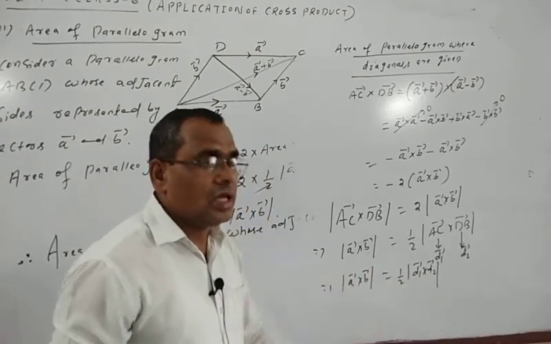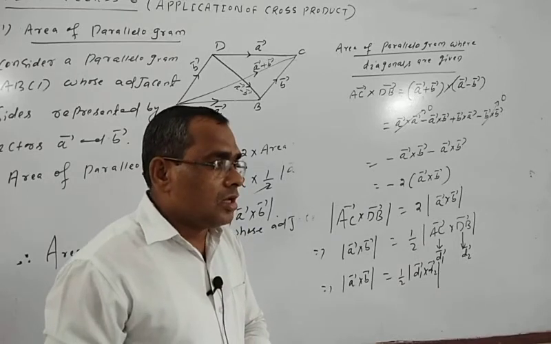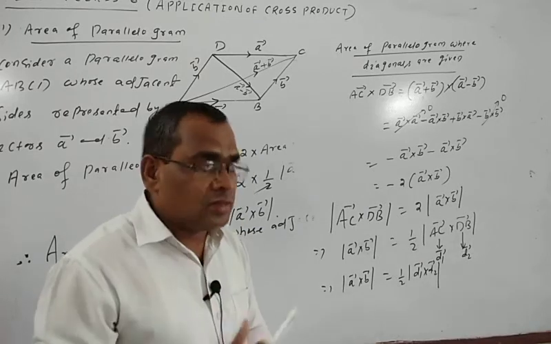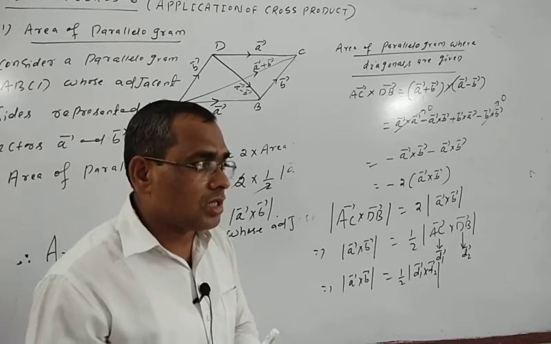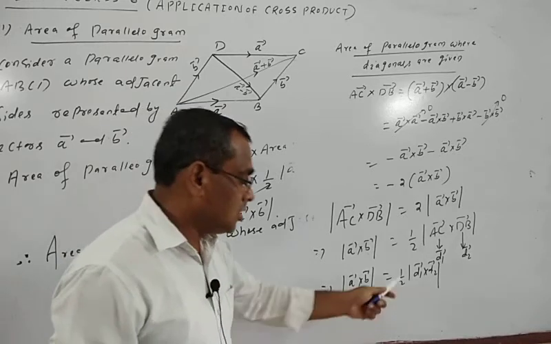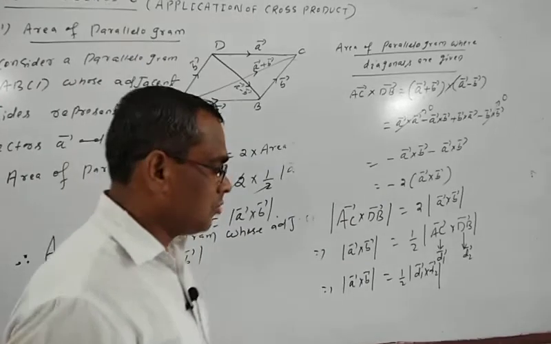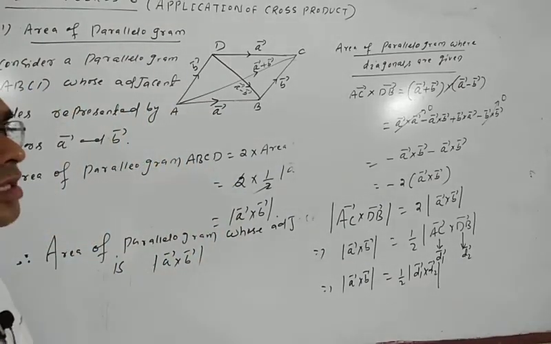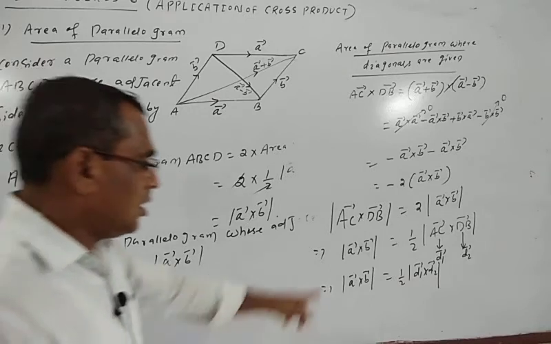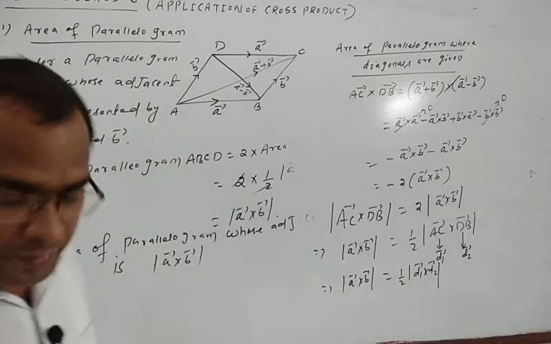That means if the diagonals are d1 vector and d2 vector, then the area of the parallelogram is half into the magnitude of d1 cross d2. But if adjacent sides are given, then the area of the parallelogram is the magnitude of a cross b.